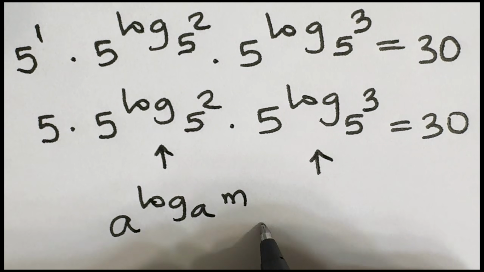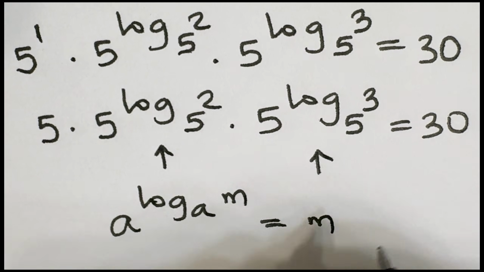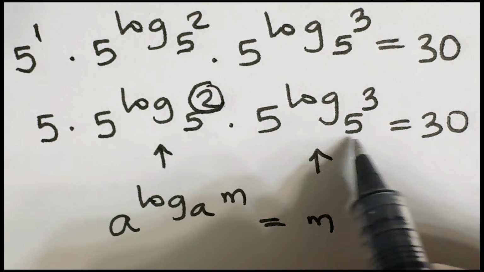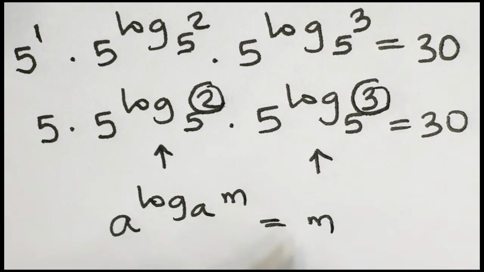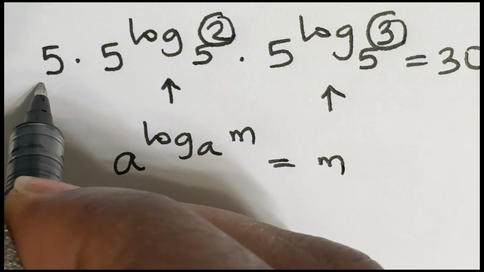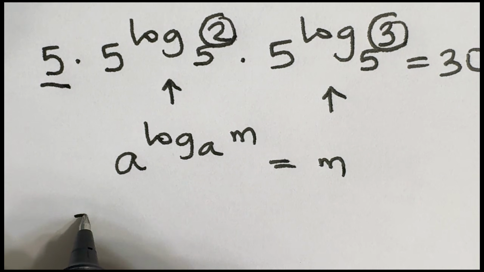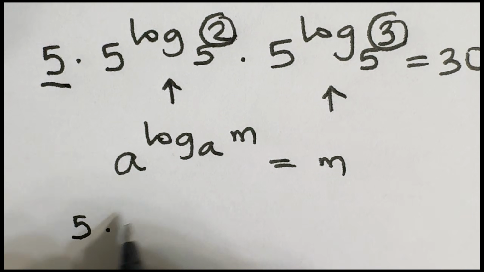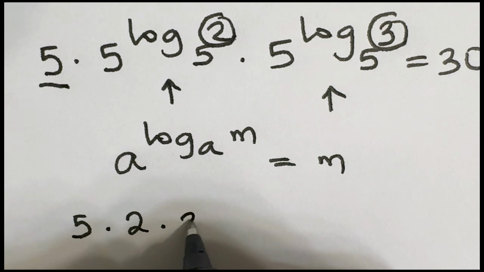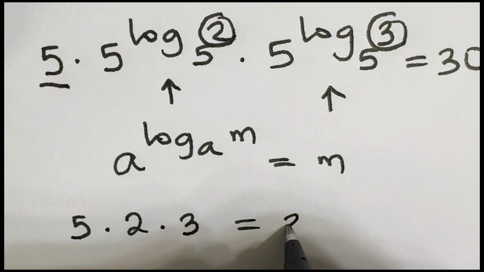And by law of logarithm, this will give us m. So this expression here becomes 2, and this expression here becomes 3. So the whole expression on the left-hand side becomes 5 times 2 times 3 to give us 30.